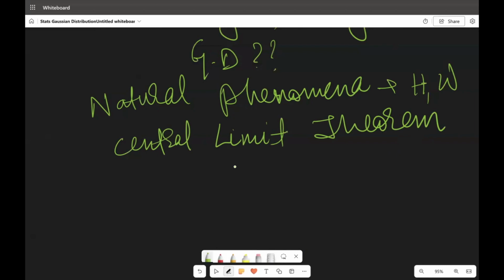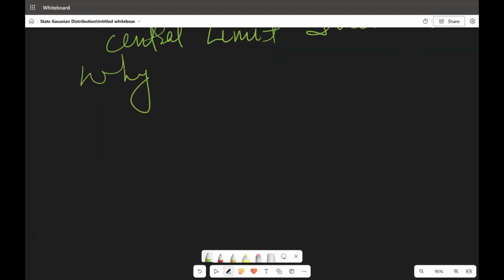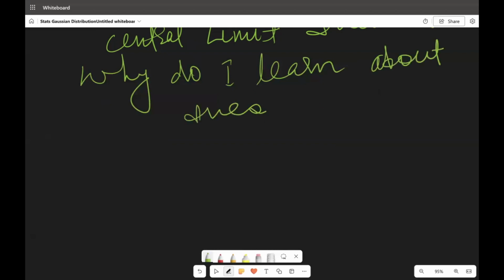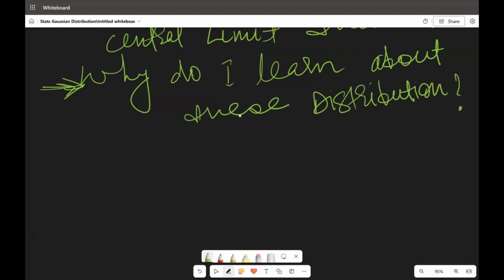Having said that, now you might ask, why do I learn about these distributions? We will see why we are learning about distributions after we learn some properties of distributions and how they are useful.